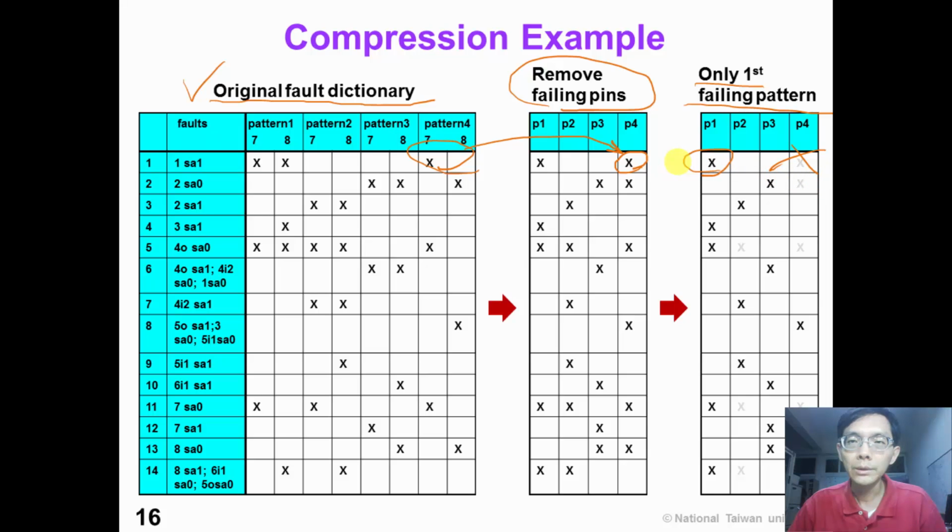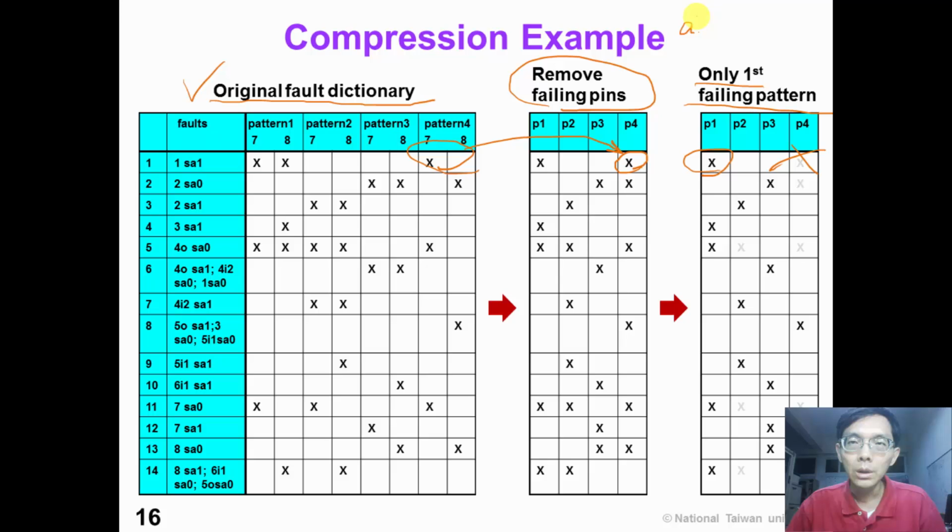This is because on the tester, we typically keep only the first failing information to save the storage space. To save the test time, a CUT will be aborted when we have the first failure.